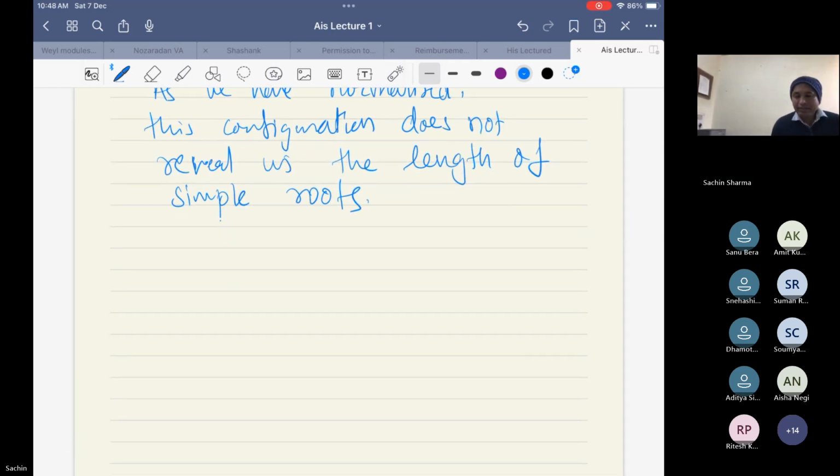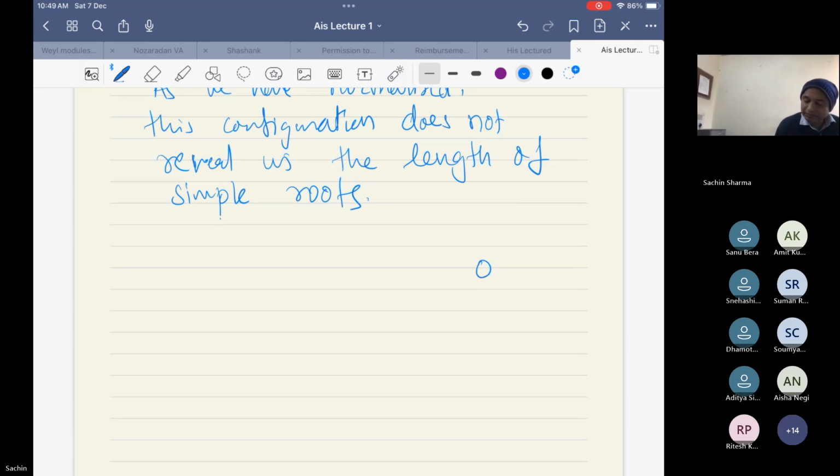So what you have to do is, see, the difference is in this thing. We will put the arrows towards the long root. Suppose you have this, where Mij is 4.